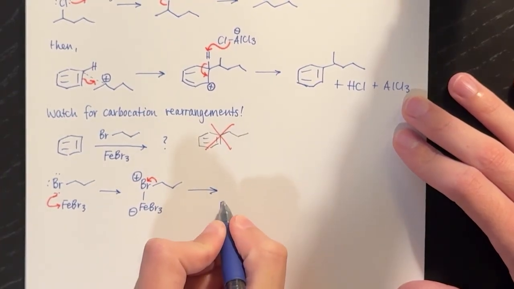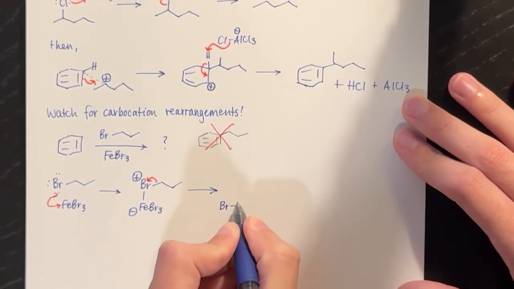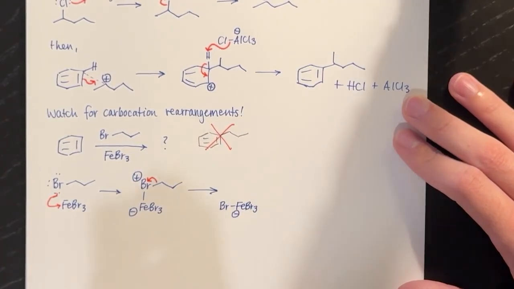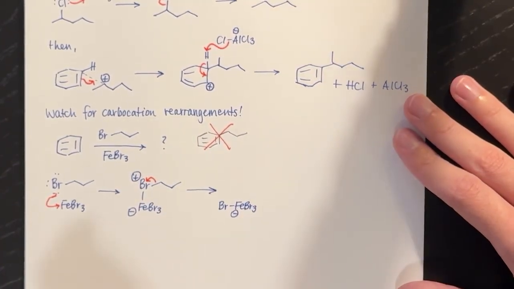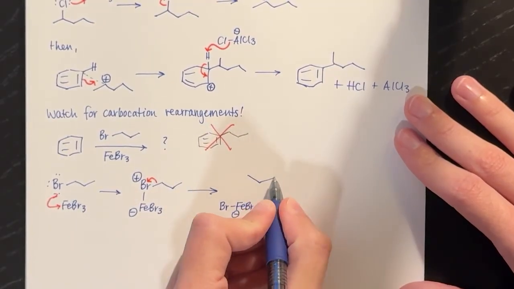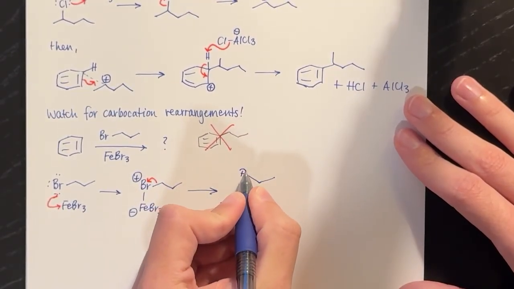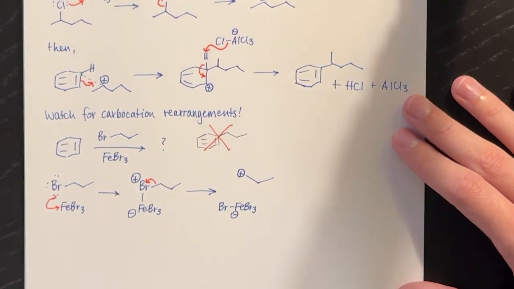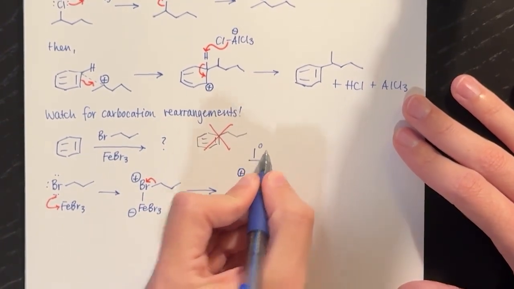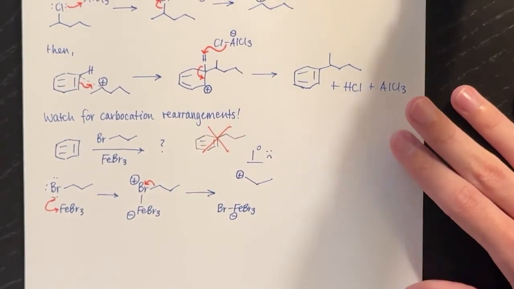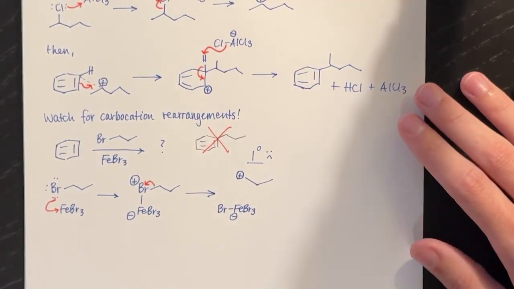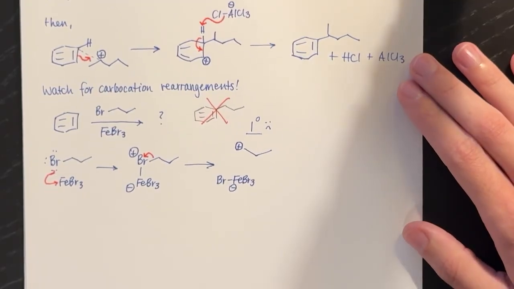So from that we get the iron species, and then most importantly we get this carbocation. Now this is a primary carbocation, which is not happy. It's generally speaking pretty unstable, and you don't want to form these things.